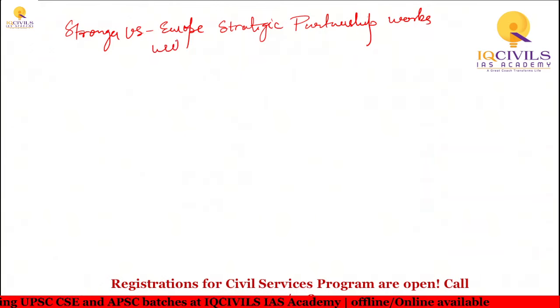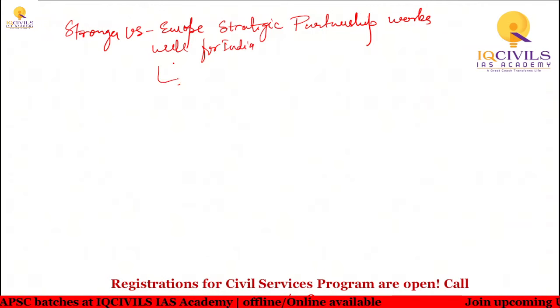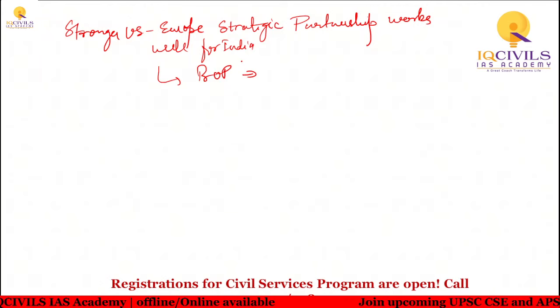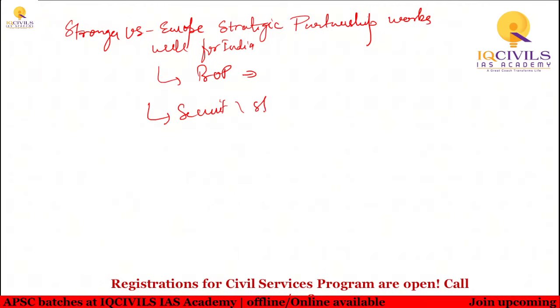It works well for India. Now the question how? पहली चीज balance of power. Okay, so see, countering China's aggressive stance in Europe, Asia and Indo-Pacific, it is very important. चाइना की जो डिप्लोमेसी है वुल्फ वॉरियर डिप्लोमेसी उसको काउंटर करने के लिए, so it will also bring security and stability in Europe.